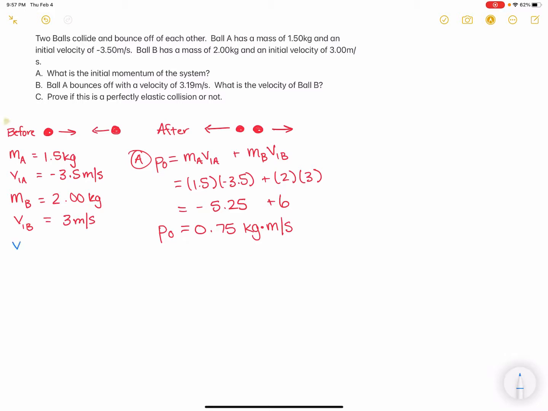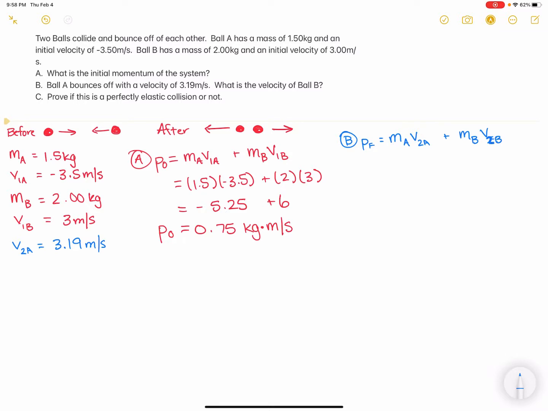So the final velocity of ball A is going to be 3.19 meters per second, and they want the velocity of ball B. Okay, so in this case, we're basically going to look at the final momentum, and so we'll have the mass of ball A times the final velocity of A plus the mass of ball B and the final velocity of B. Maybe I should make this a 2 so they're the same.